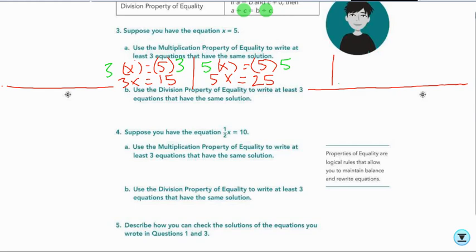Let's write one more problem. We'll say we use a fraction. If I have x equals 5, let's say I took half of x and half of 5. This is going to then give me 1/2 of an x will be equal to half of 5 is 2.5.